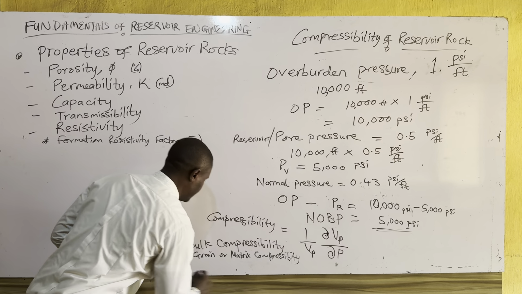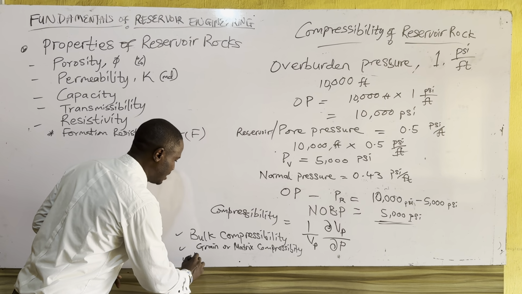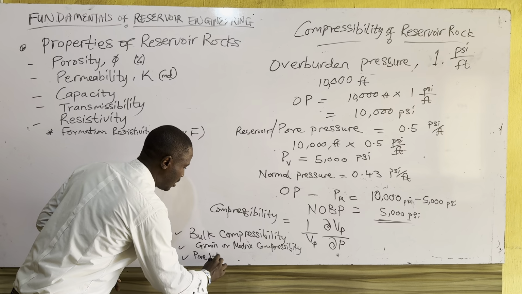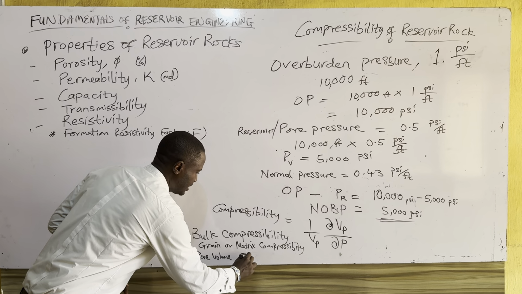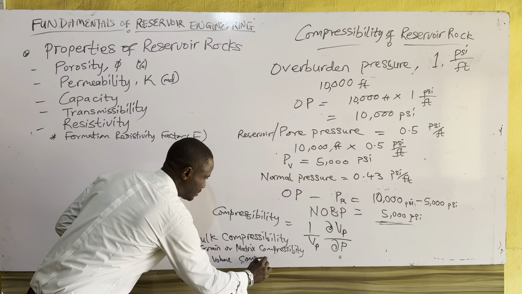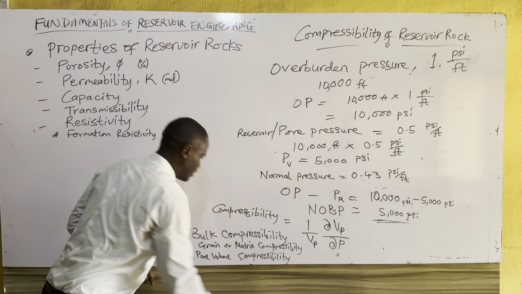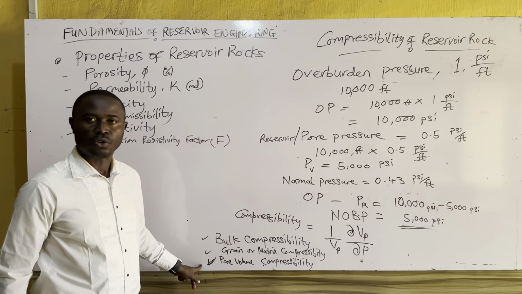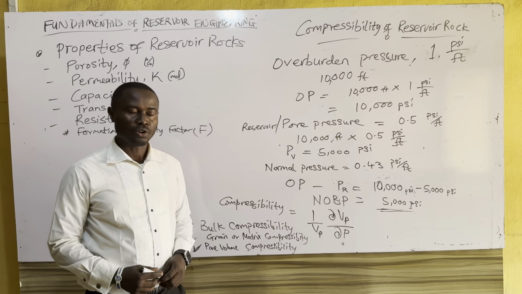And thirdly, which is the one we just talked about, we consider it in terms of the pore volume, or pore compressibility. Most times, this is the one that we actually consider when we are looking at our reservoir rock.